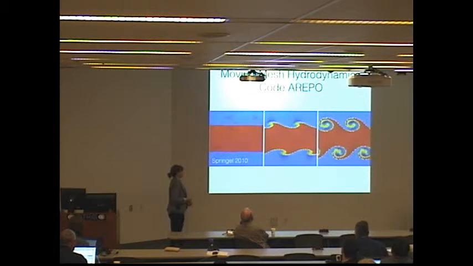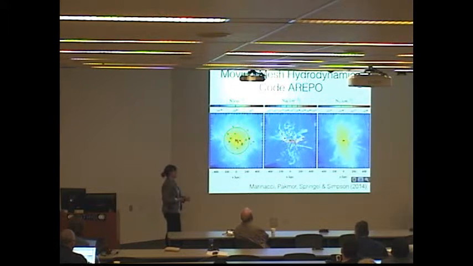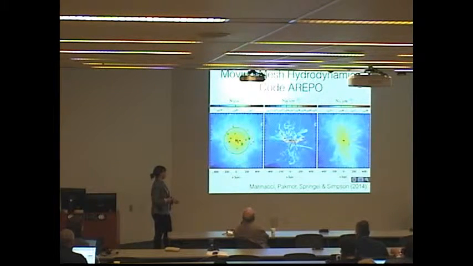And so to date, this code has been used in galaxy formation using the sort of wind model that I described at the beginning, where you just assume galaxies that have a certain star formation rate launch winds with certain properties, which you can play with. And this is one example, some models of the Aquarius halos run by Federico Marinacci.